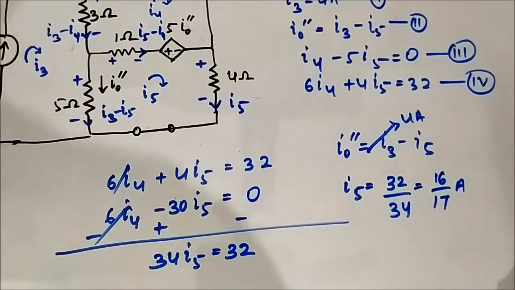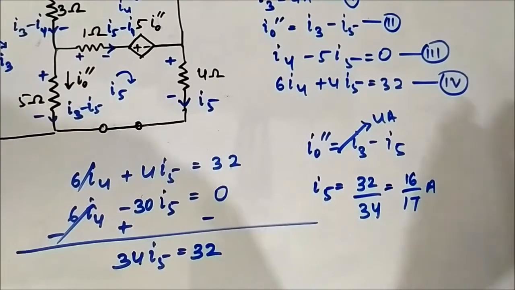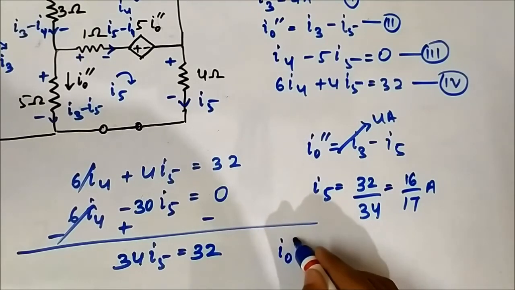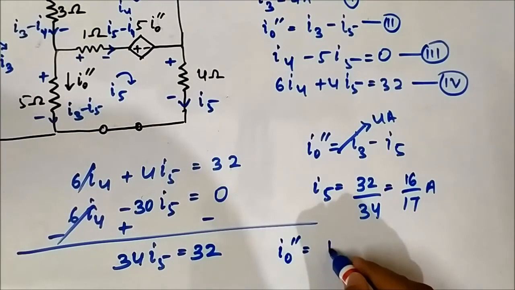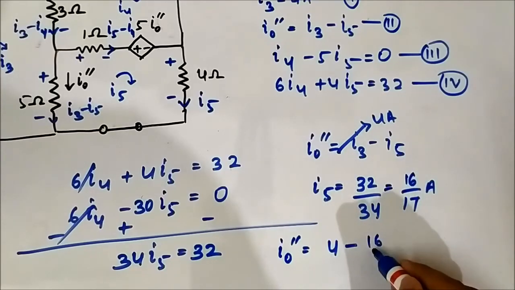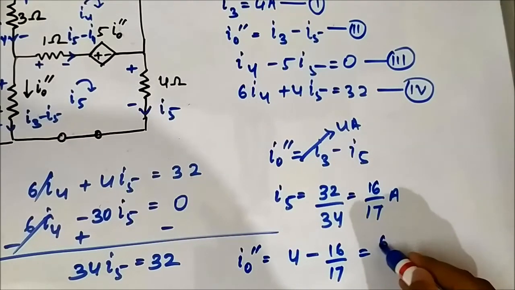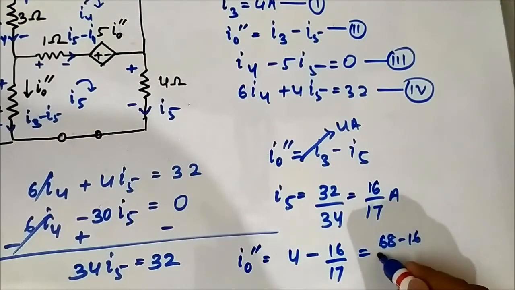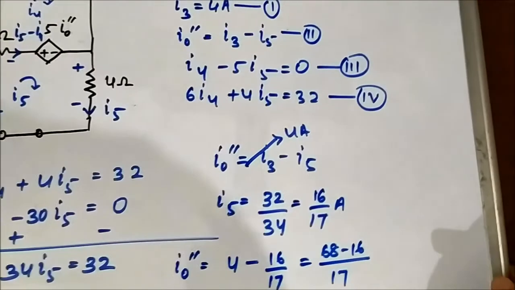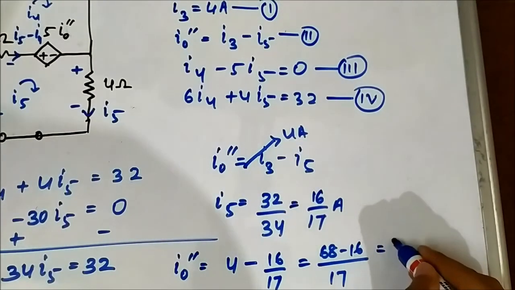But we have to find out I0''. I0'' is equal to 4 minus I5, which is 16 by 17, which is equal to 68 minus 16 by 17, which is equal to 52 by 17 ampere.